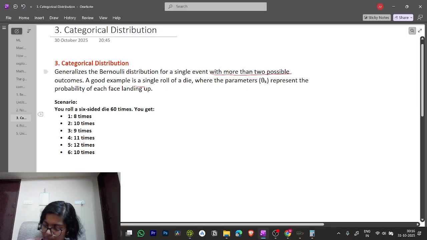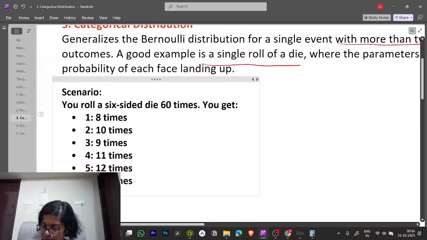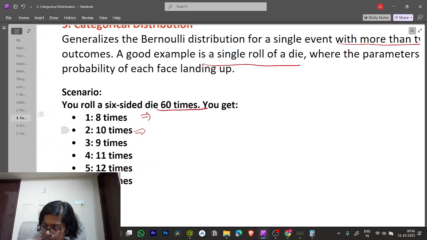A good example is the roll of dice. Here you can see I have rolled the dice 60 times, and out of 60, 8 times it was 1, 10 times it was 2, 9 times it was 3, 11 times it was 4, 12 times it was 5, and 10 times it was 6.